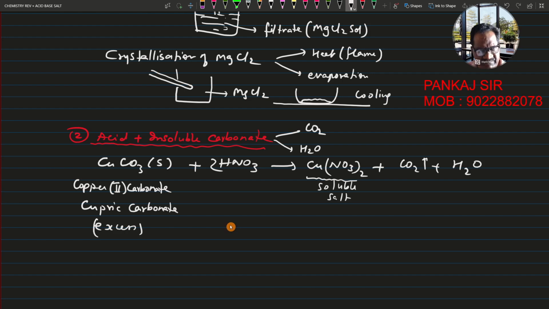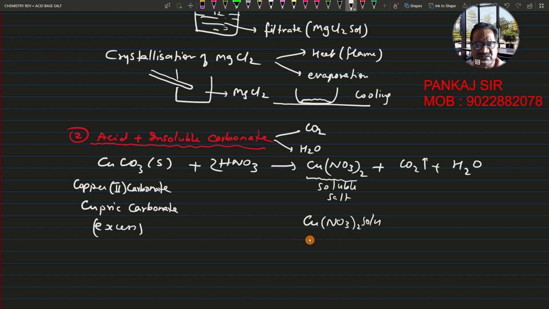It will be remaining on the filter paper, and the filtrate will be containing this particular soluble salt solution, that is copper nitrate solution. Now again, you will be getting this solution in the form of a filtrate, which, as I told you in the previous method, you will have to keep for crystallization, and after crystallization, the pure crystals of copper nitrate can be obtained, and they can be washed and dried the same way as I explained to you in the previous method.